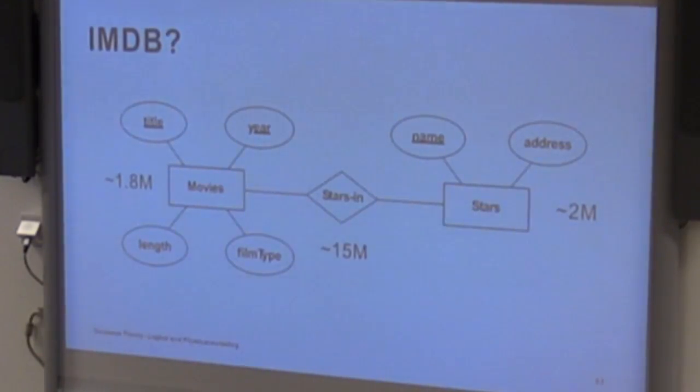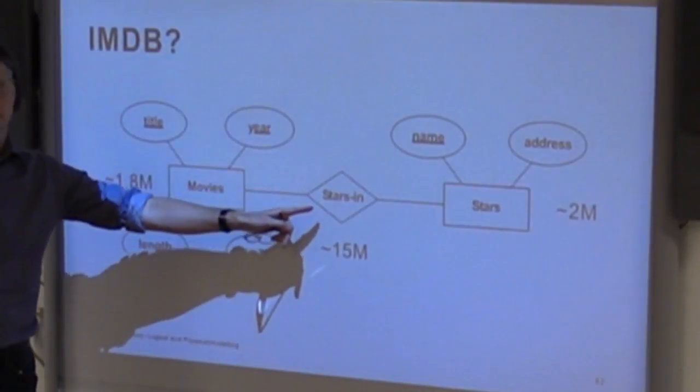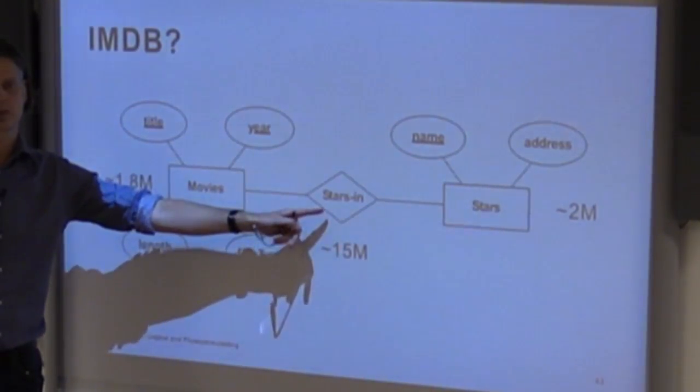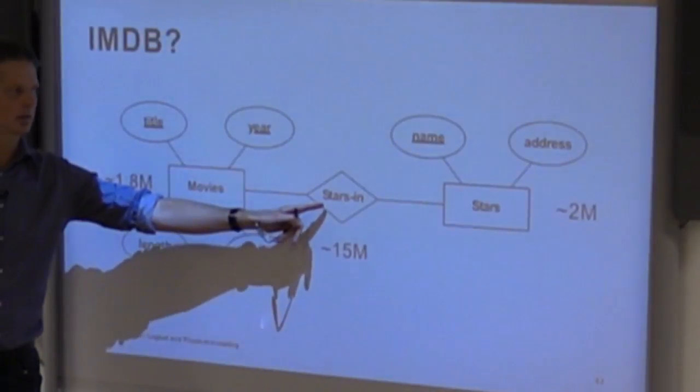So let's assume that there are 1.8 million rows in that movies table, and there are 2 of them in the stars, which probably, because this is a many-to-many relationship, means that stars in is actually a table having, what as the primary key in here? If I would create a table of that, what is the primary key in here?